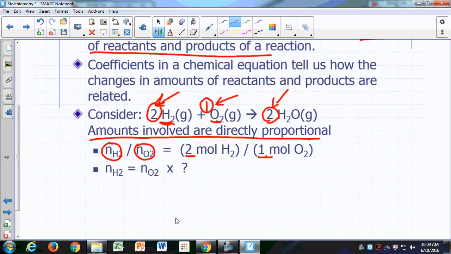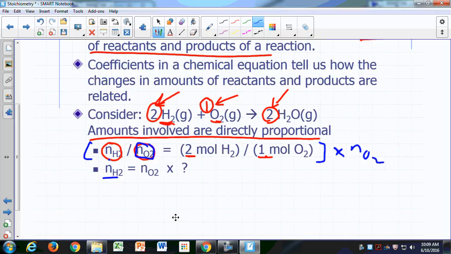If that is the case, then, for example, let's say I had information about the moles of O2 that got consumed, then I can solve for moles of H2. All I have to do is multiply both sides of this equation by moles of O2. So now I can solve for moles of H2.